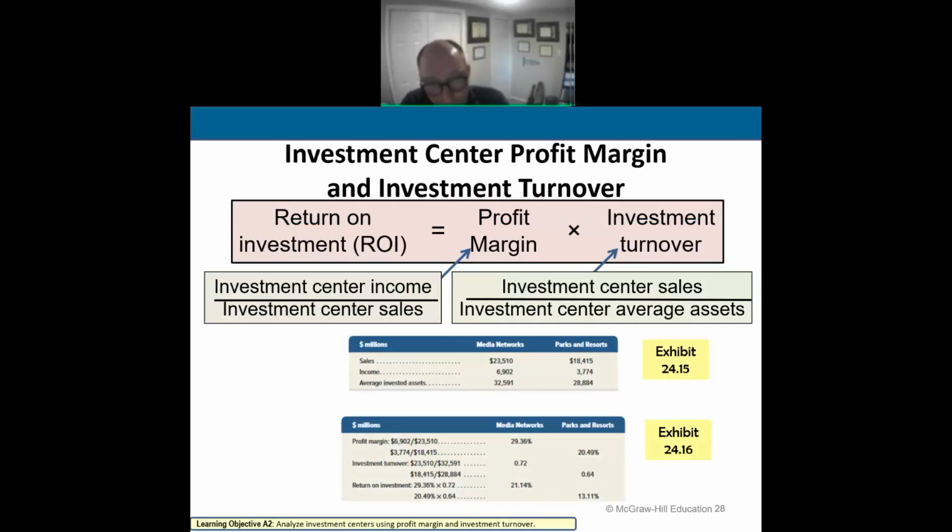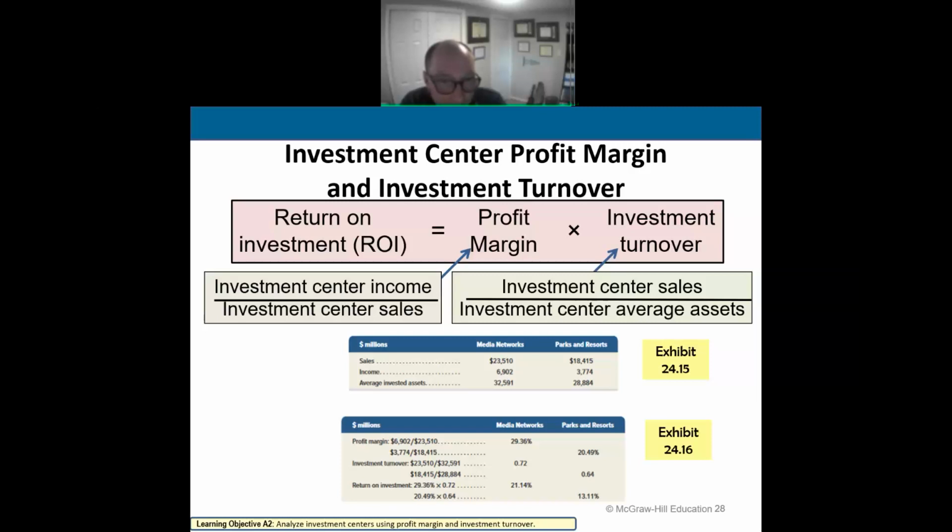Understanding the investment turnover is also important. Investment turnover helps us to better understand the utilization of our fixed assets, property, plant, and equipment. Looking at ROI from that perspective, I would take the profit margin times the investment turnover. How do we find the investment turnover?